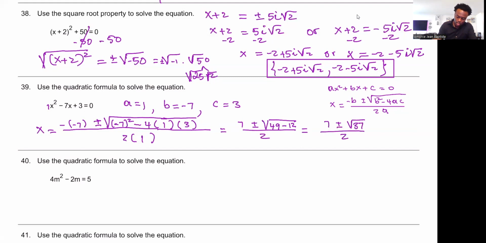And then these are your solutions. Let me give the solution set here. 7 plus or minus the square root of 37 over 2. So you see, you can give it as plus or minus, or you can just separate them. I think I'm dealing with a room problem here, so that's why I just give it this way.